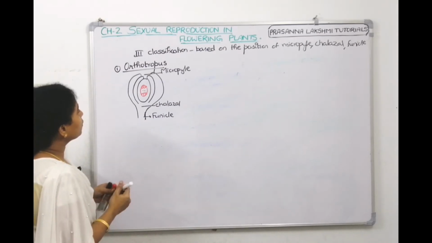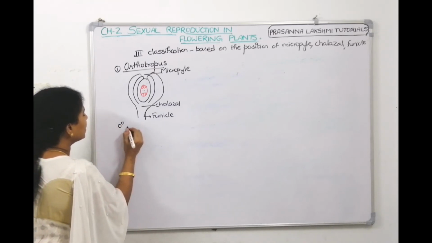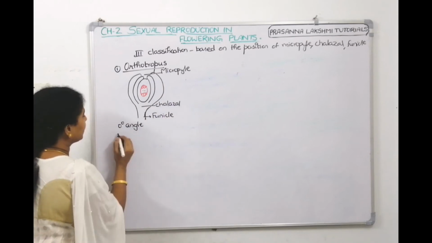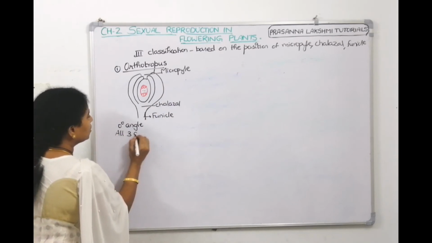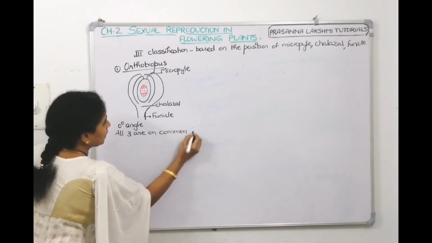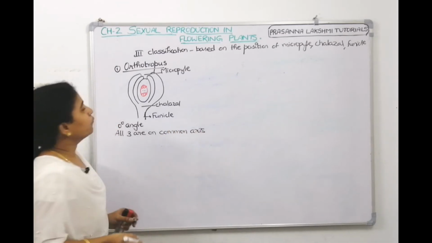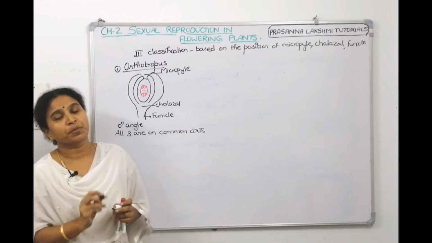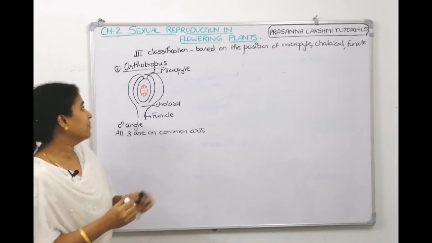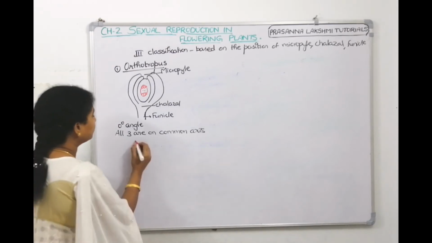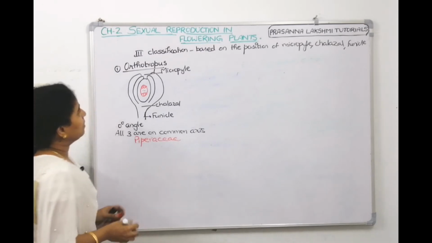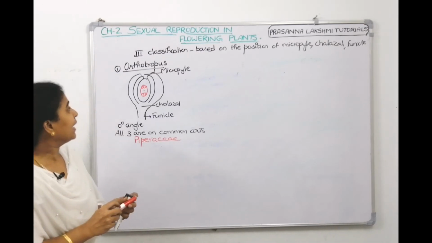What is the rotation for Orthotropous here? 0 degrees angle. All three are on a straight line, on a common axis. Such a type of ovule is called Orthotropous ovule. Example for Orthotropous is Piperaceae family members.